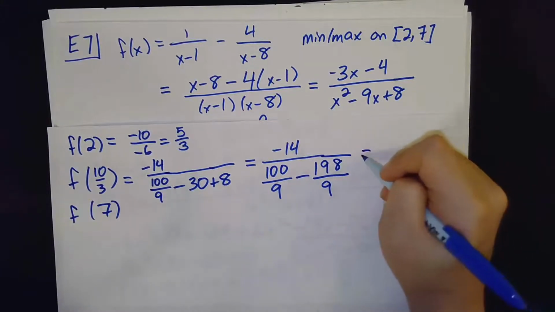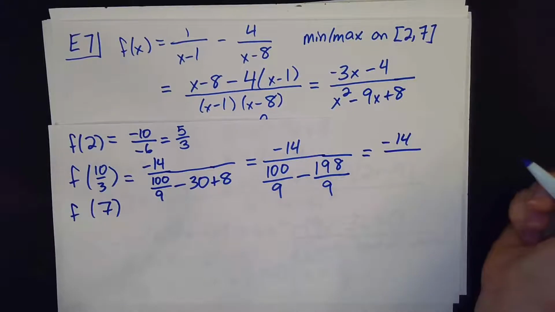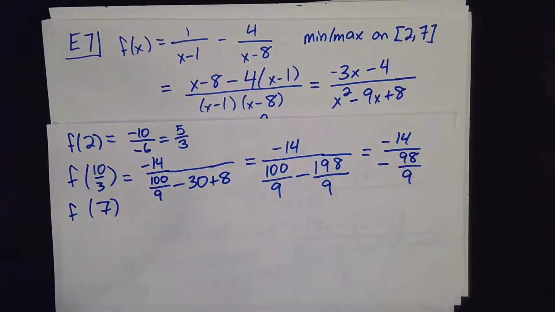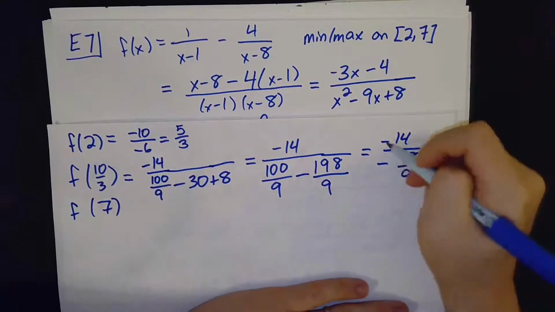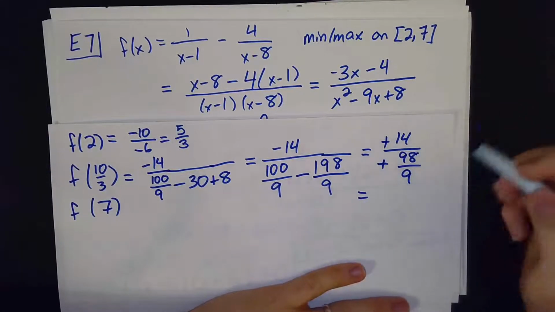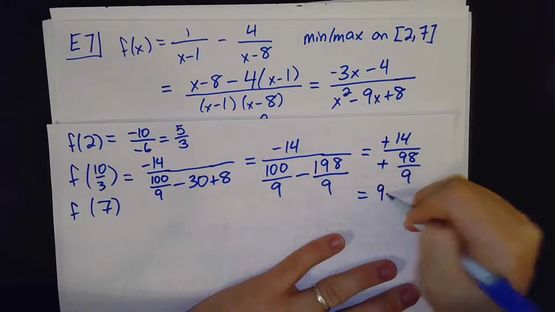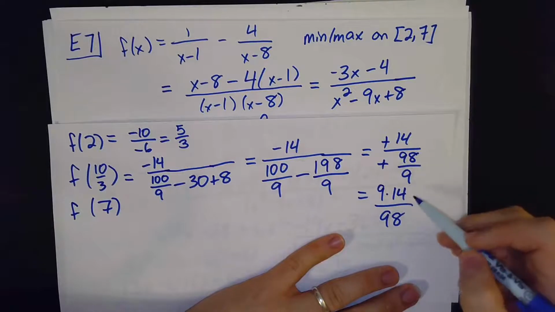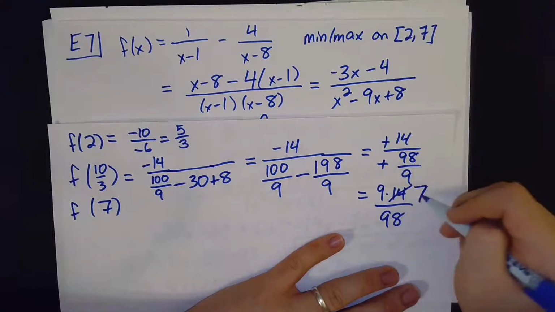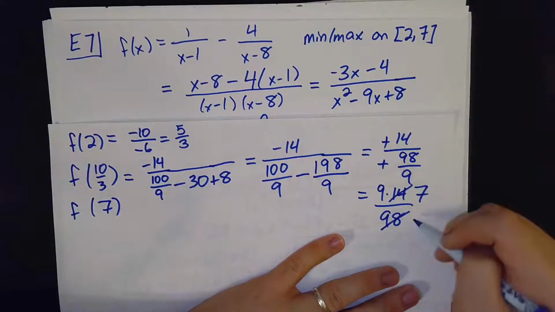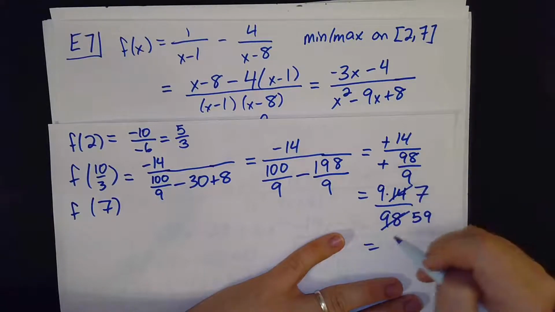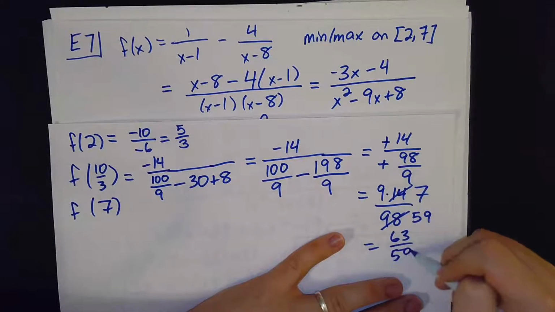So this will be minus 14 over minus 98 over 9. So this becomes 9 times 14 over 98. I can cross out the 2 from here, which will leave me with 7, and the 2 from here will leave me with 59. So this is 63/59, if I did that right.